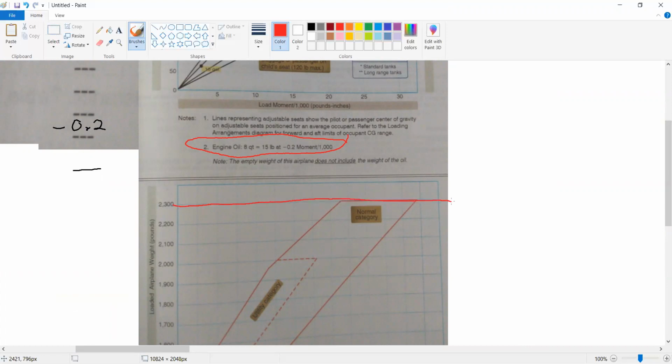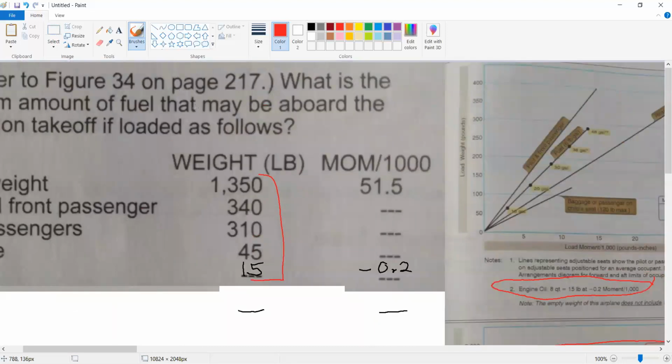That is our limit. So when we add up the rest of the weights, we'll know how much weight we can carry for fuel.